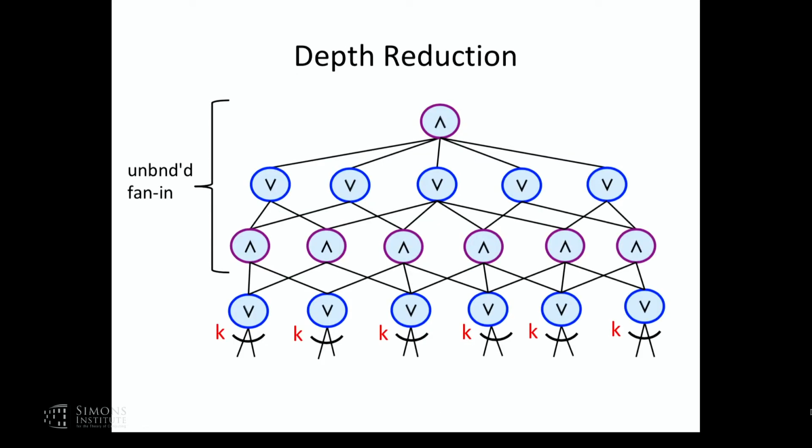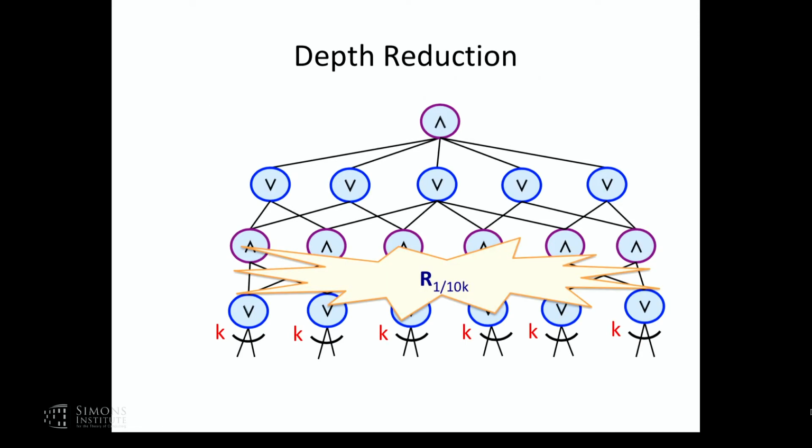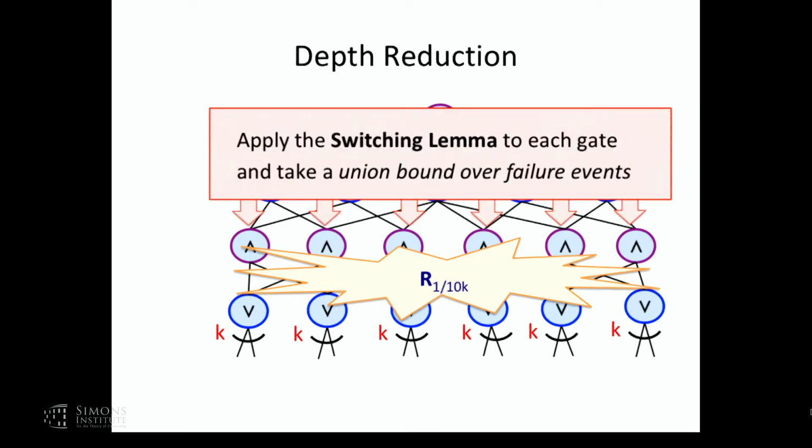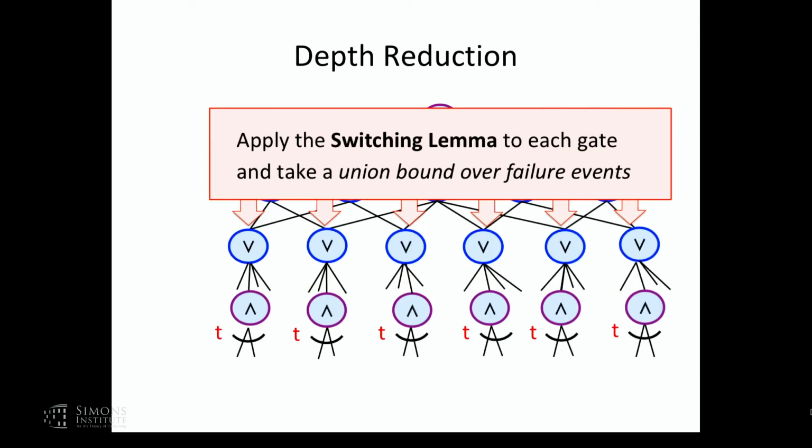So the way that this is used classically in a depth reduction argument for AC0, we have an AC0 circuit with bottom fan-in k. We're going to hit this circuit with a random restriction with p equal to 1 over 10k, and we apply the switching lemma to each of the second level gates, and we take a union bound over the failure events.